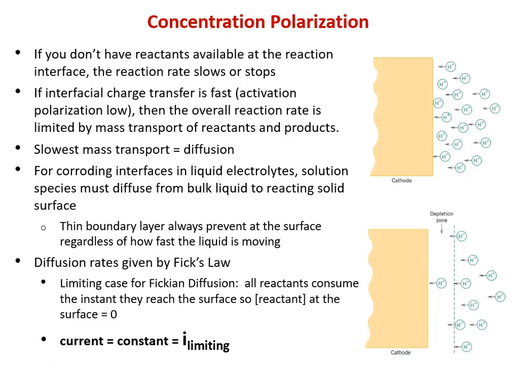So if we get to the point where every time we have a reactive species hitting our metal interface and it reacts the minute it gets there, so there's zero concentration right at the interface, that's a condition we call limiting current. And that means the rate of the reaction, or the cell resistance, is pretty much being entirely controlled by the rate of transport of species to get to the reaction interface.